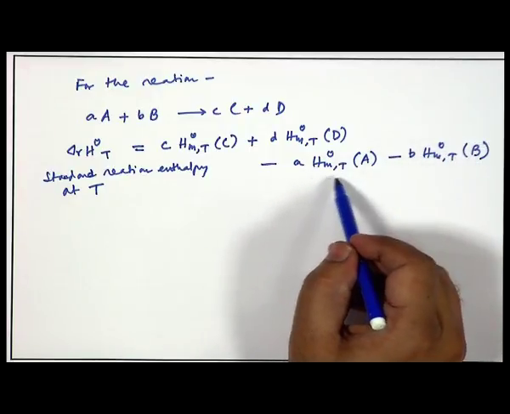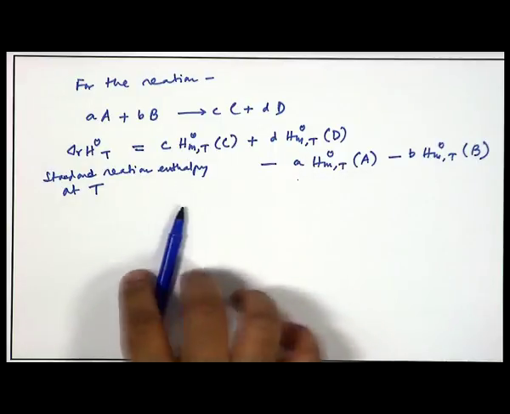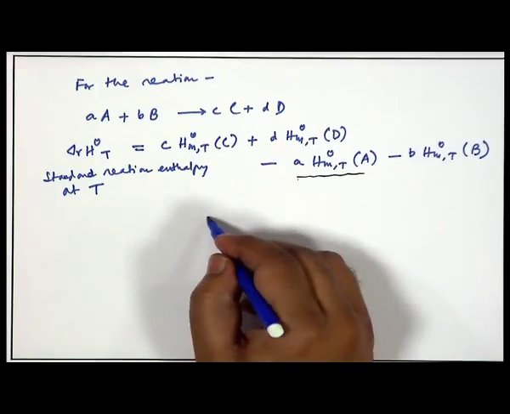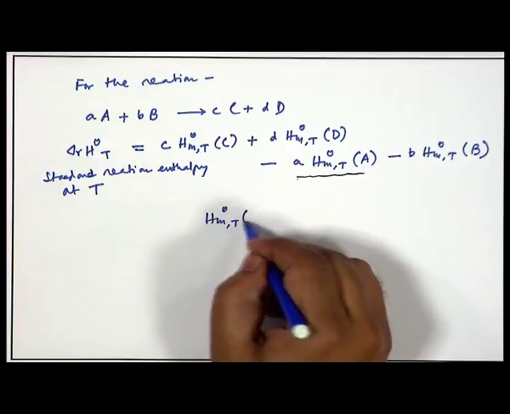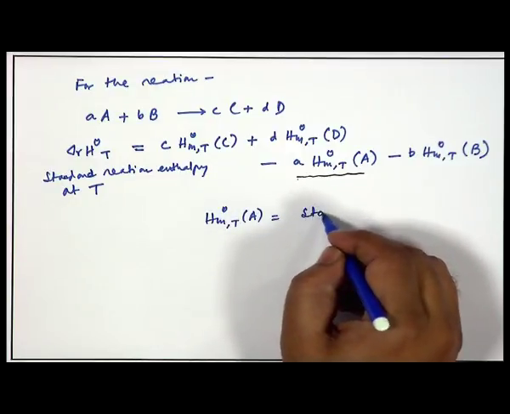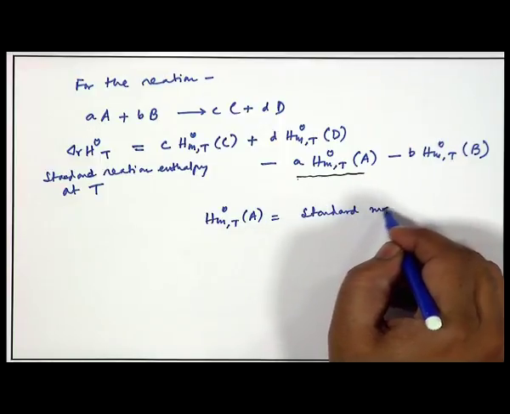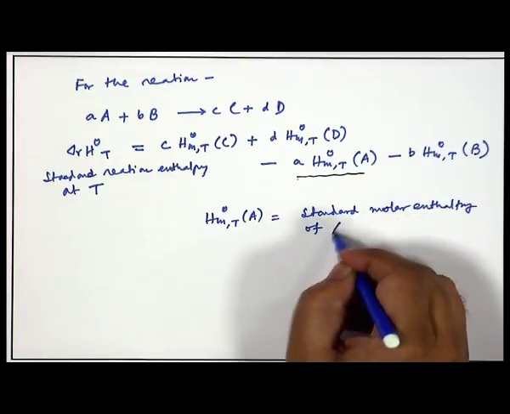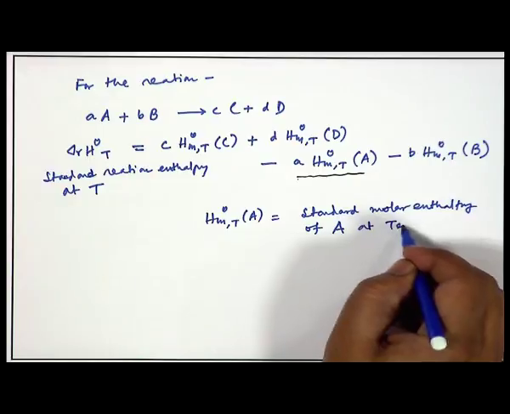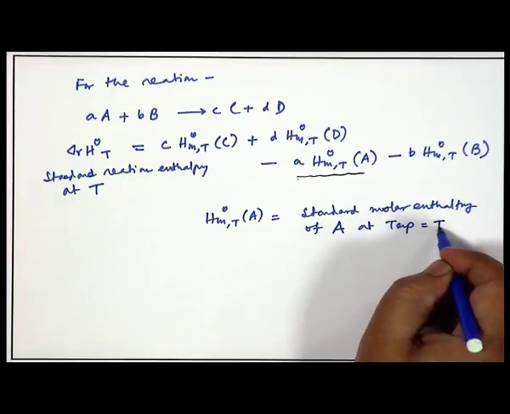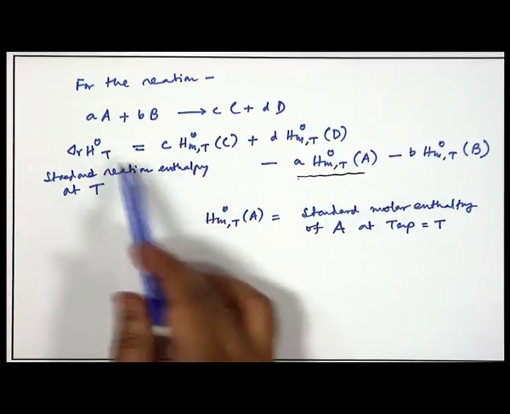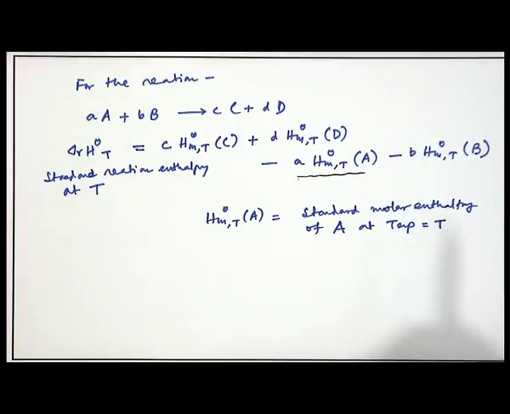Now, for example, Hm°(T, A), this is the standard molar enthalpy of A at temperature equal to T. So, when you are talking about this reaction enthalpy, we should mention T. As I said, if temperature is not mentioned, then you can probably assume that T is 25 degrees centigrade.